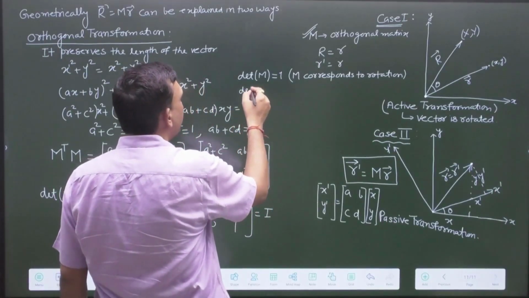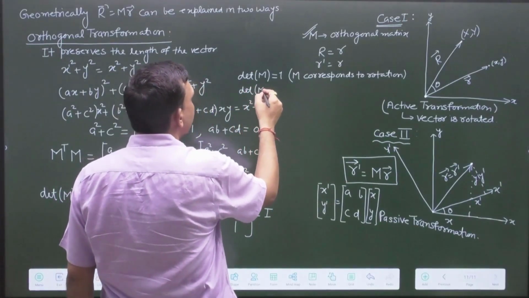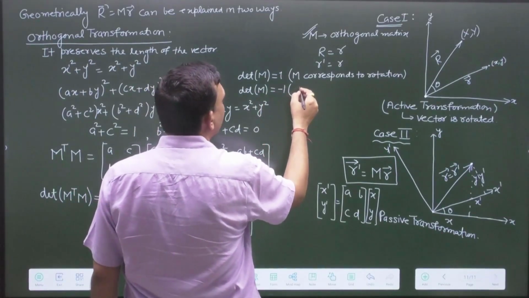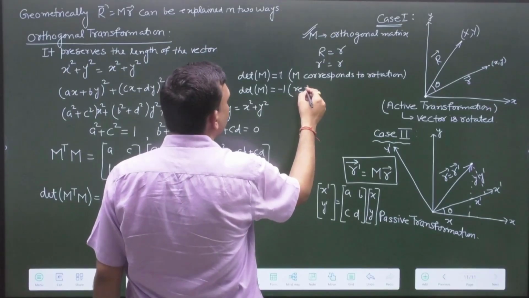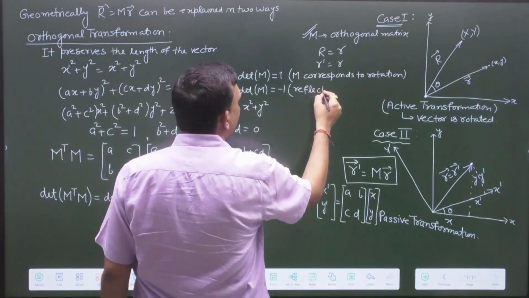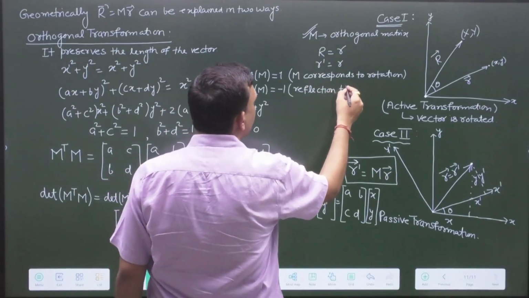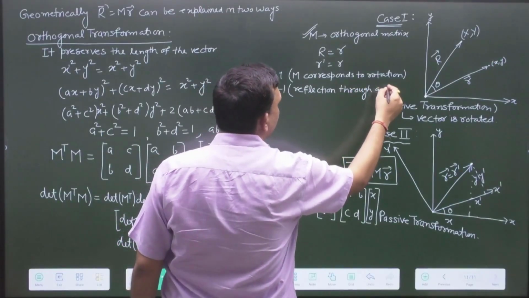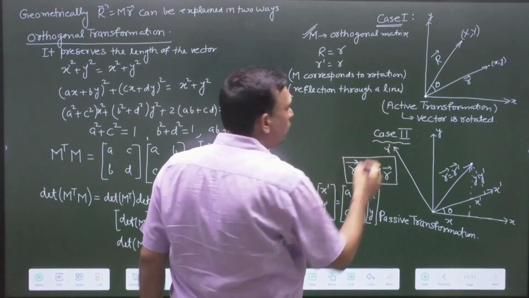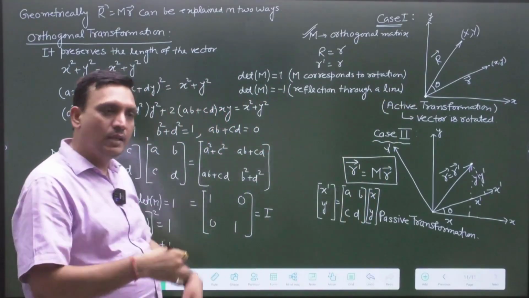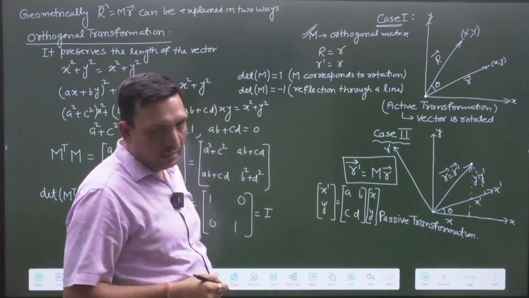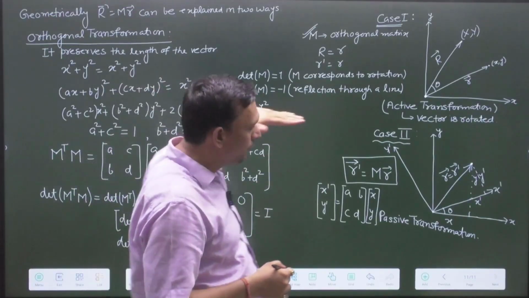And when determinant M is minus 1, then there is a reflection through a line. We will talk about reflection through a line. I am talking about a 2 cross 2 matrix. When it is 3 cross 3, then it will be reflection through a plane. In 2 cross 2, there will be a reflection through a line.